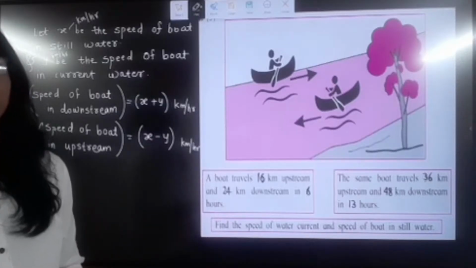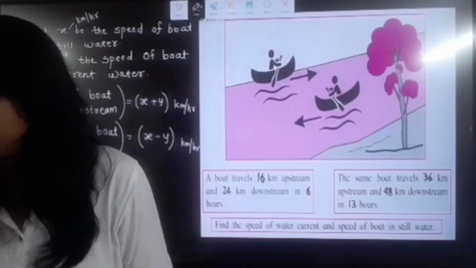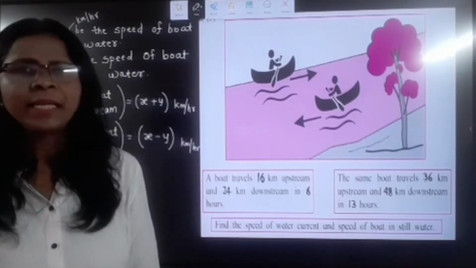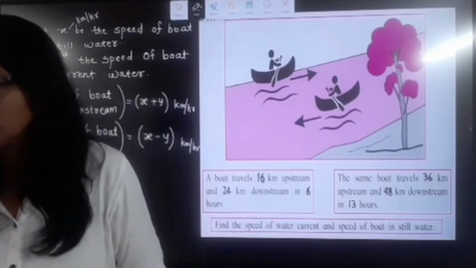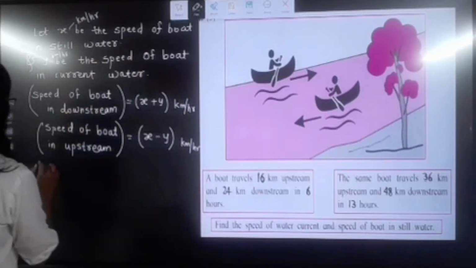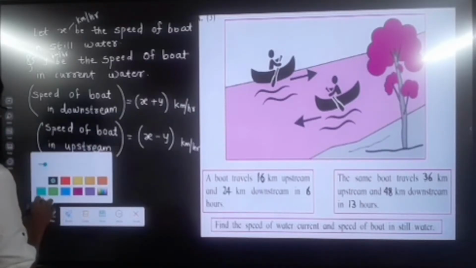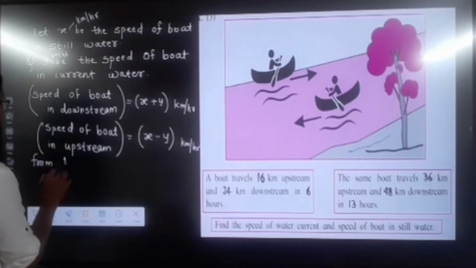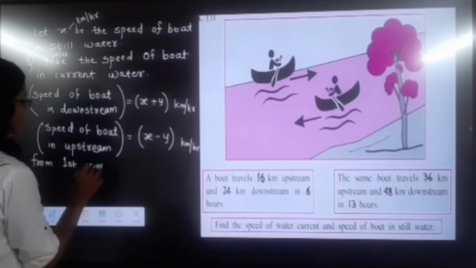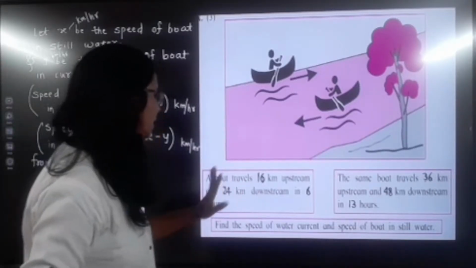So as related with the time, students, I write down that time is nothing but distance upon speed. So from the first condition, I get upstream 16 kilometer.